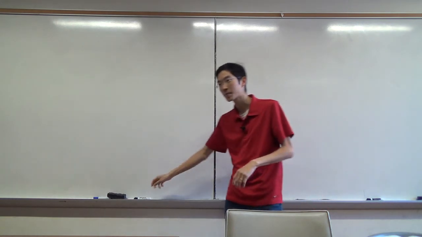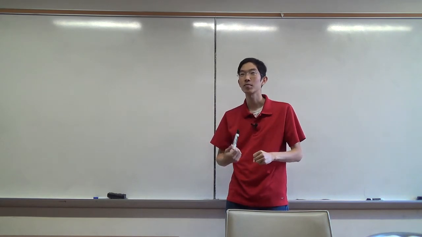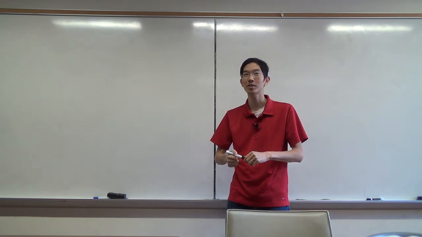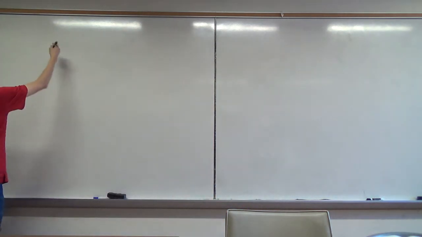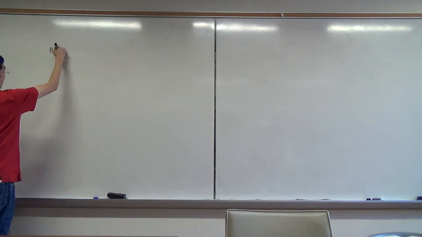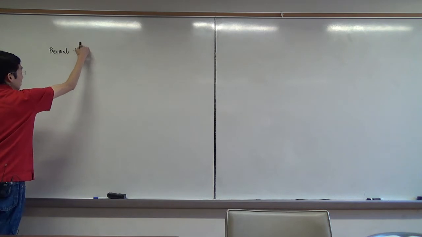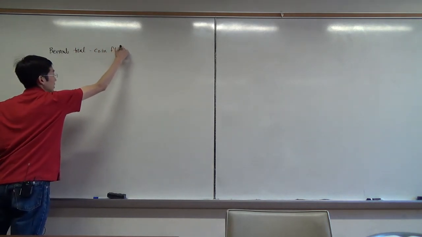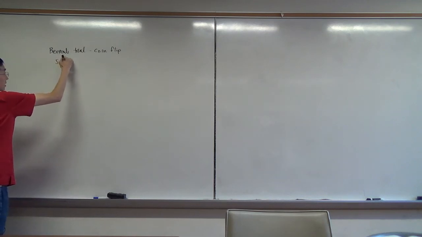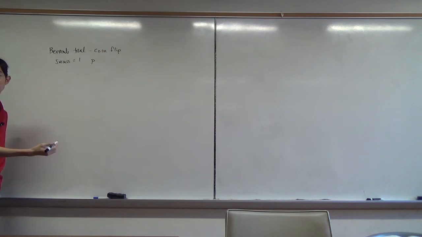Didn't we find the variance before by finding the expected value and then finding the difference between x and the expected value? Yes. Okay, here, let's do this. This is what we call a Bernoulli trial, which is the coin flip. And we have success, which equals 1 with probability p, okay?